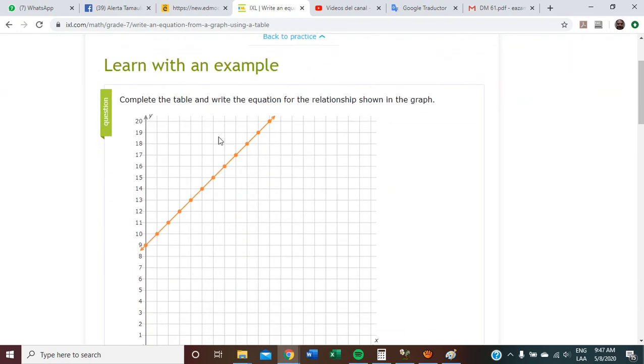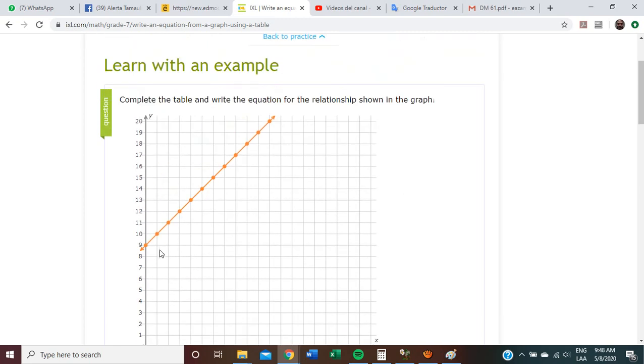All right, so we have this graph and it kind of starts here at 9 and it goes up, and it also can continue in this direction if we were to make this graph bigger.